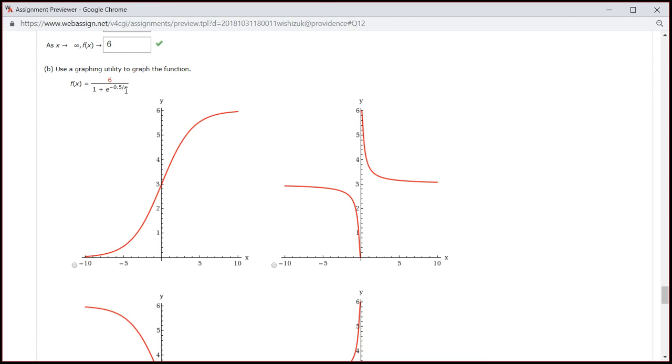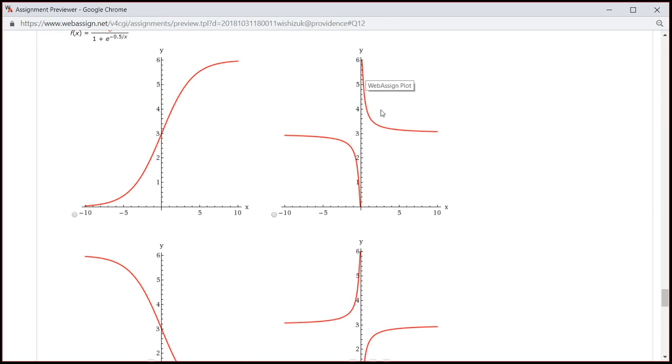If you approach from the positive side, a negative 0.5 over something slightly positive is going to be a negative large number. So e to the negative large number is going to approach 0. So it's 6 over 1. So if you approach 0 from the right-hand side, it's going to approach 6.